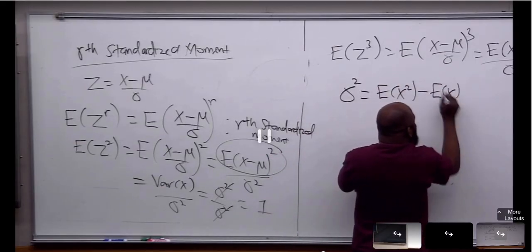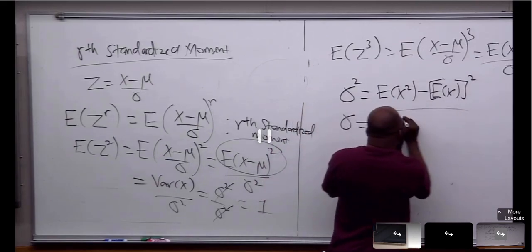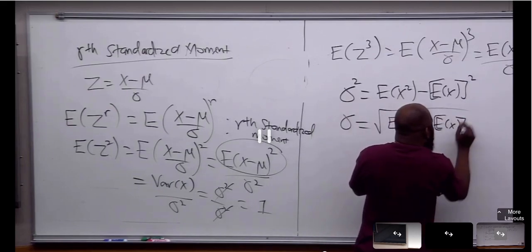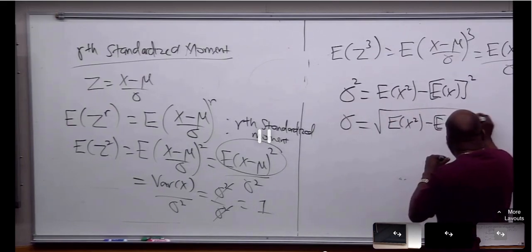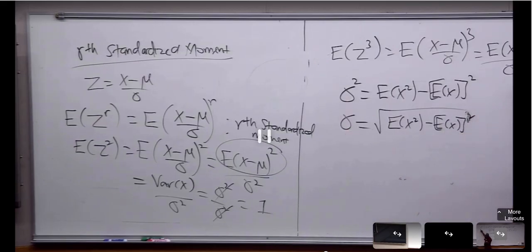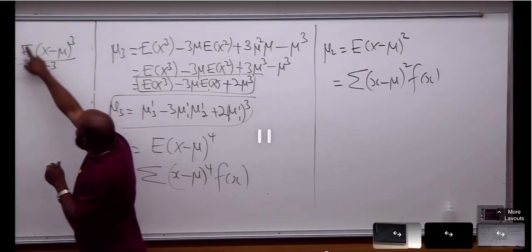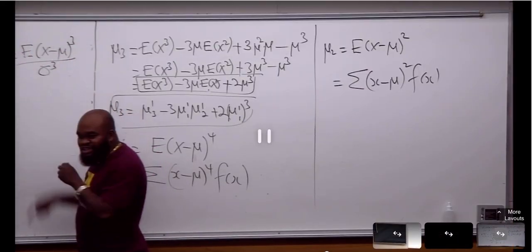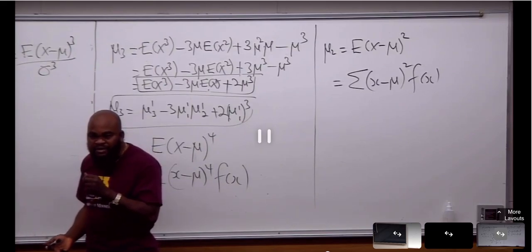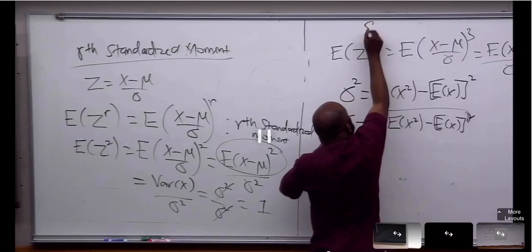Then the sigma is going to be the square root of that. So the moment you get this sigma, you're just going to raise it to power 3 here in the denominator. And the numerator here is the third moment about the mean that I've discussed today. The third moment about the mean. Okay, that is for the skewness.